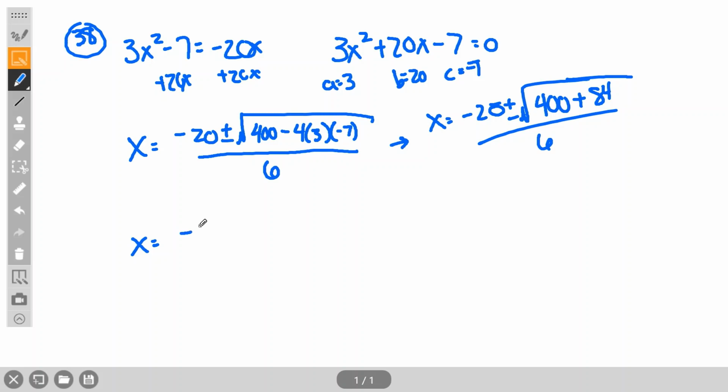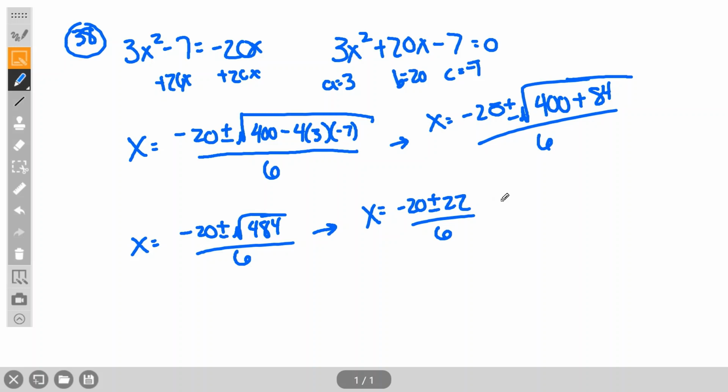So we have negative 20 plus or minus the square root of 484 all over 6. Well, the square root of 484 is 22. So this is negative 20 plus or minus 22 over 6.